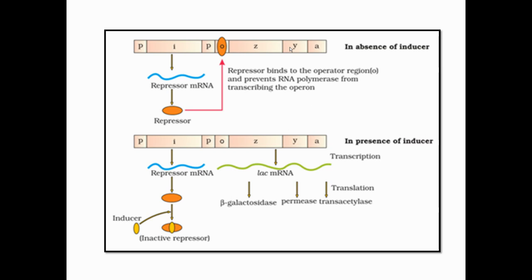And now comes the function of the z, y, a enzymes, that is referred sometimes, what I used to refer, that is z.ya. Z is going to synthesize beta-galactosidase, Y is going to synthesize permease, and A is going to synthesize transacetylase.